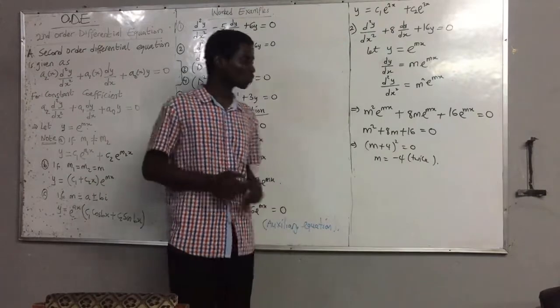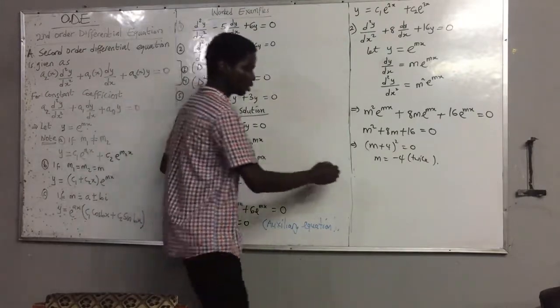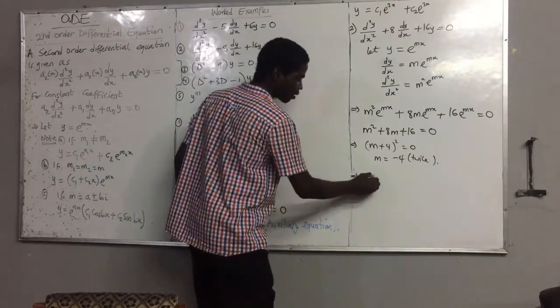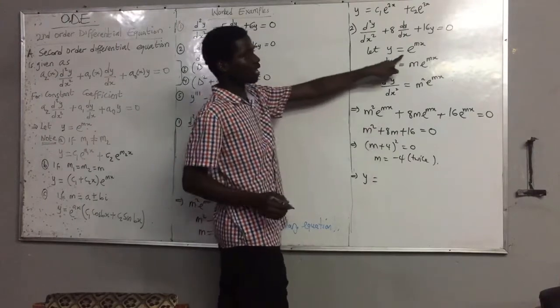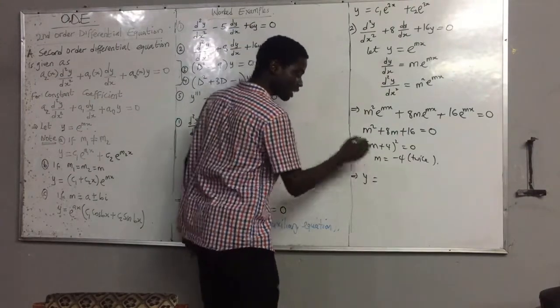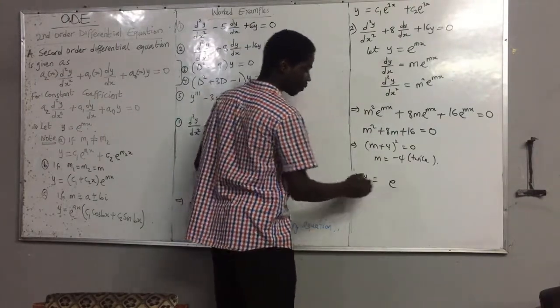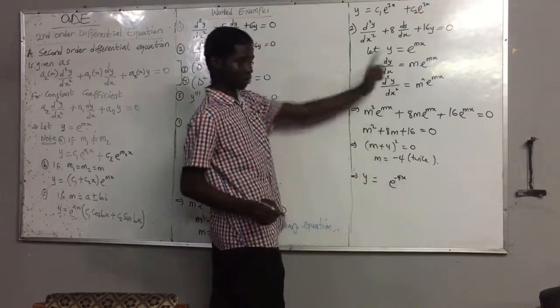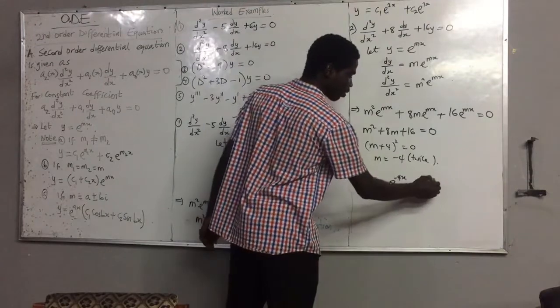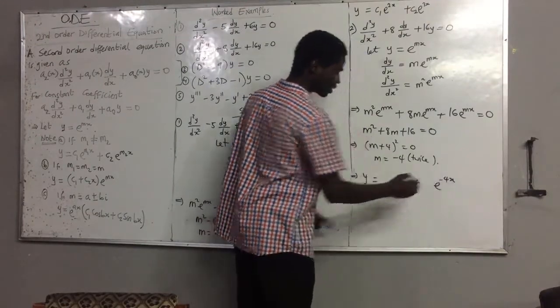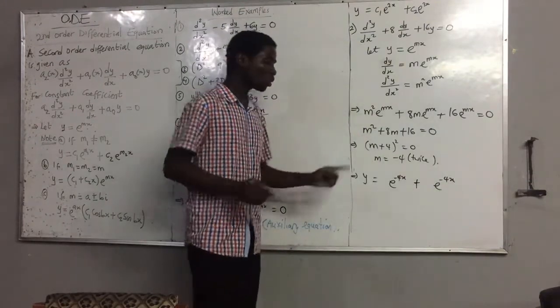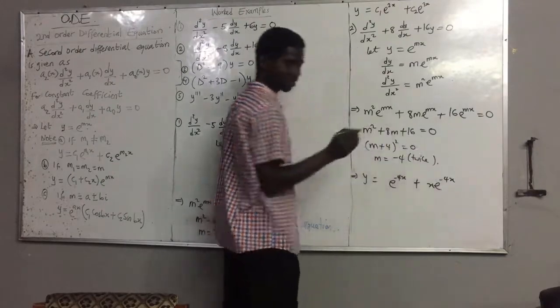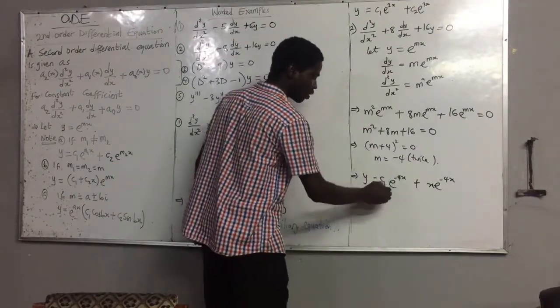So the two answers you get are both minus 4. They are the same. So what will be your solution? Don't forget you said y to be e raised to power ms. So it will be equal to e raised to power, the first answer, minus 4x, plus the second answer e raised to power minus 4x, but they are the same. So one of them you have to have what? x, then put constants c1, c2.